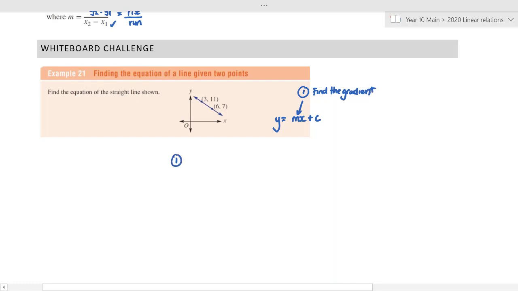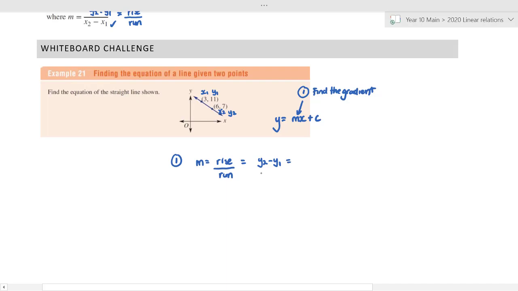Now, we can do rise over run, but why don't we try the formula? The rise is y2 minus y1, and I'm going to take the point on the left and call this (x1, y1). The point on the right, we're going to call (x2, y2). Okay, so y2 minus y1.